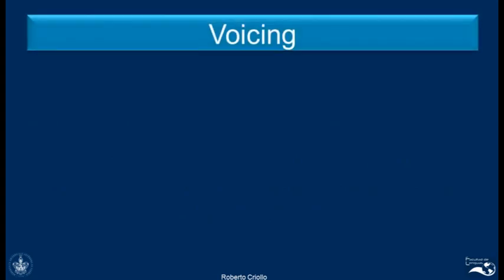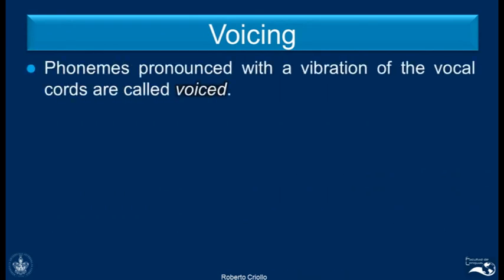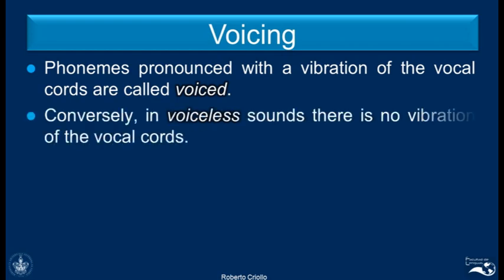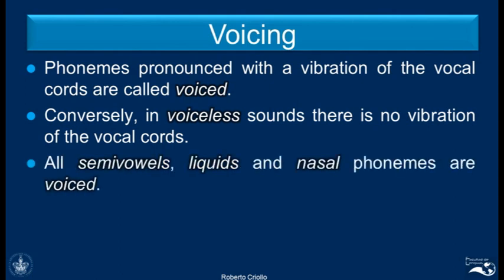Now, finally, the third criterion for the classification of consonant sounds in English is voicing, and in this regard, we can say that phonemes that are produced with a vibration of the vocal cords are called voiced sounds. On the other hand, voiceless sounds are produced with no vibration of the vocal cords. That's what they're called, voiceless.